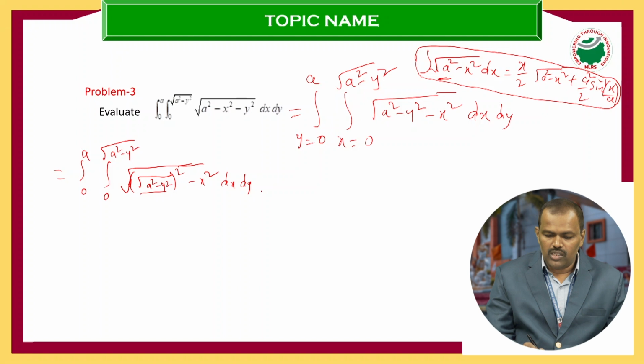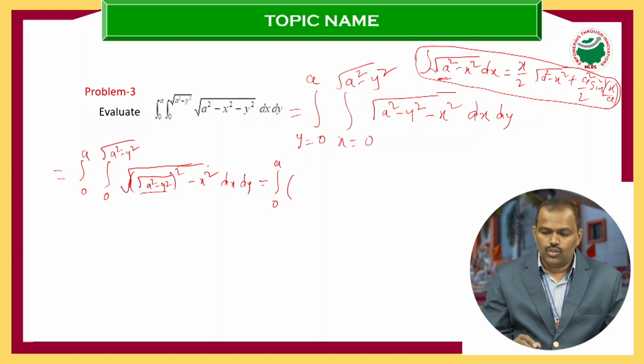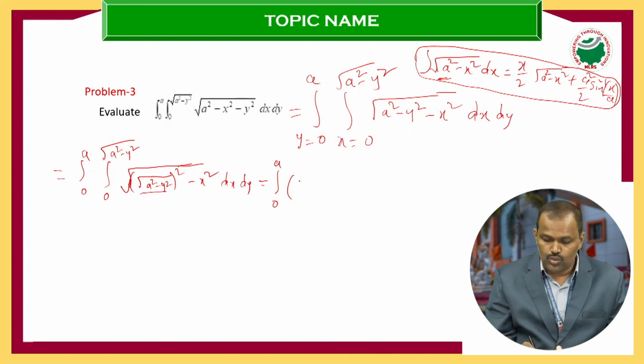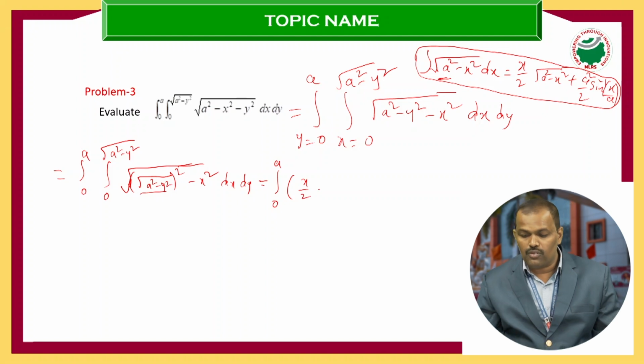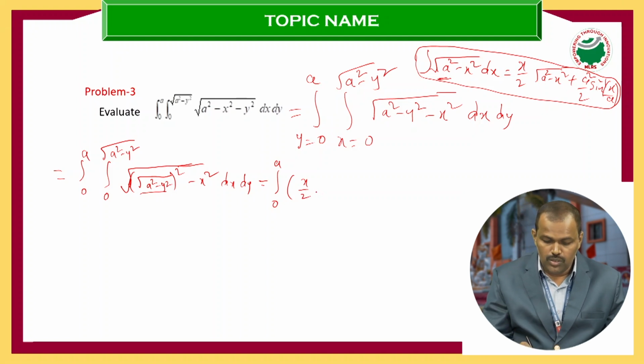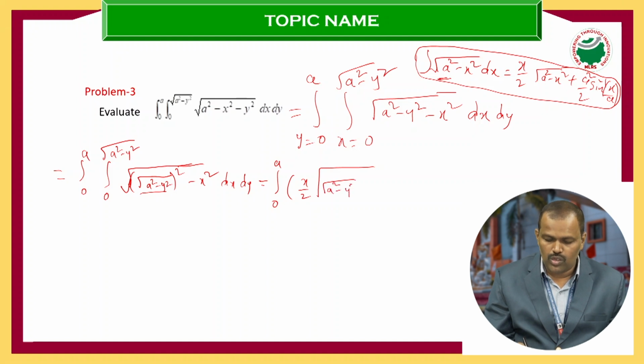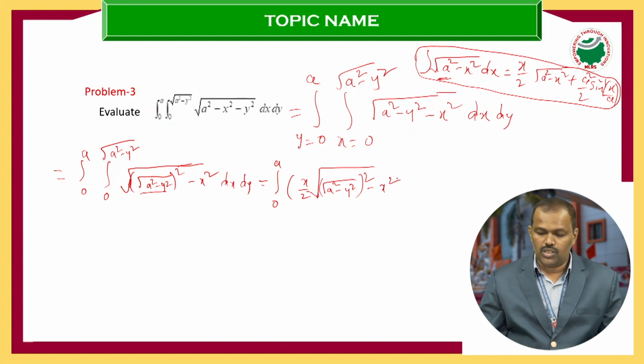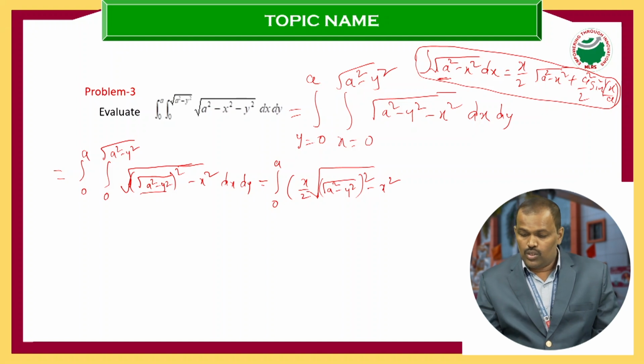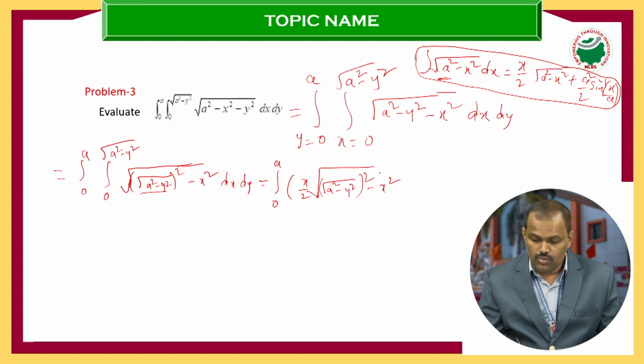So now we will write the formula, that is equal to integral 0 to a, only inner integral. So that is x by 2 into square root of a square minus x square, that means this whole thing, square root of a square minus y square whole square minus x square, plus a square by 2.